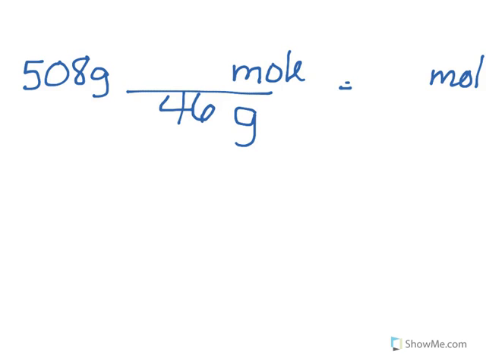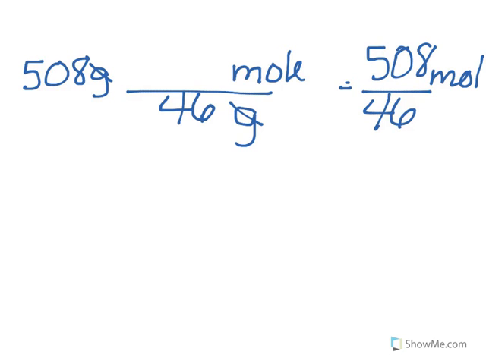In dimensional analysis, I can cancel out similar units that are on the top and on the bottom, so I can cross off grams. Now I need to multiply across the top and use the units that are left, so that will give me 508 moles divided by 46.